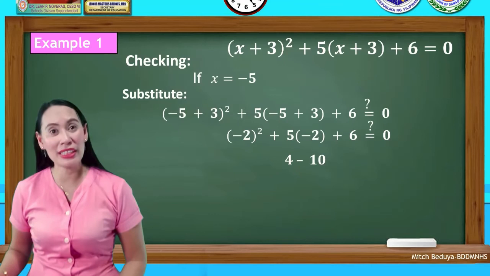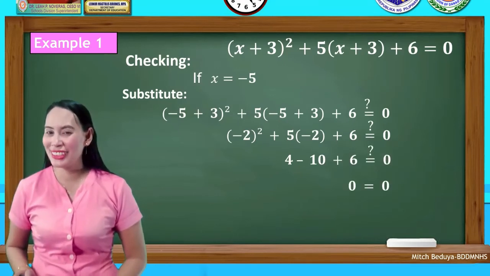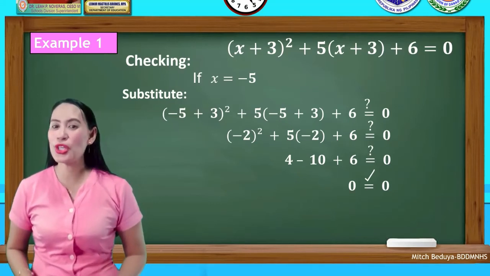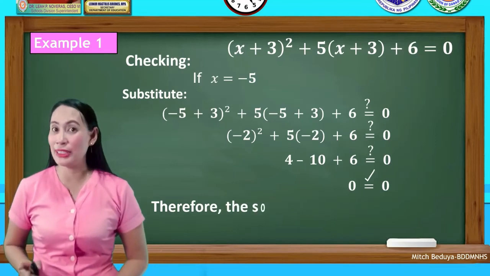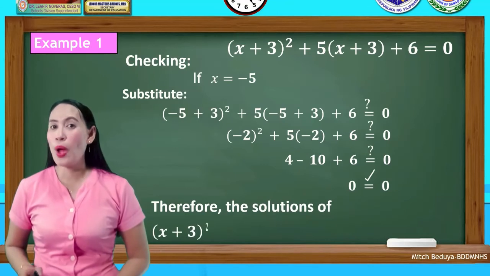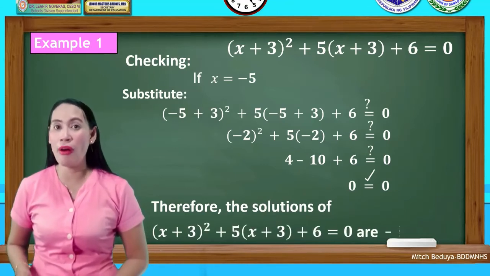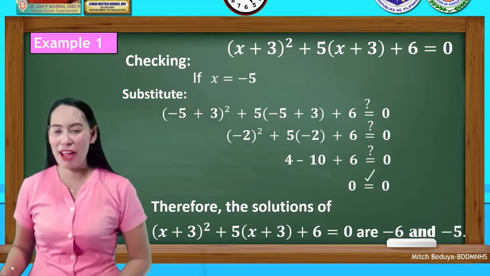Is it equal to 0? 0 is equal to 0. Therefore, the solutions of the quantity x plus 3 squared plus 5 times the quantity x plus 3 plus 6 equals 0 are negative 6 and negative 5.